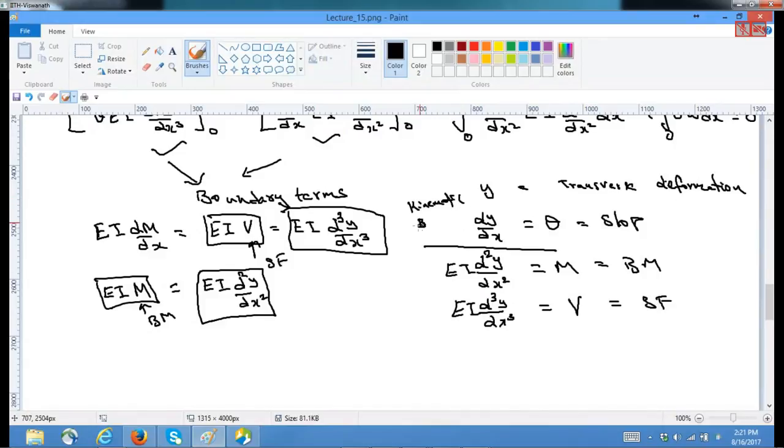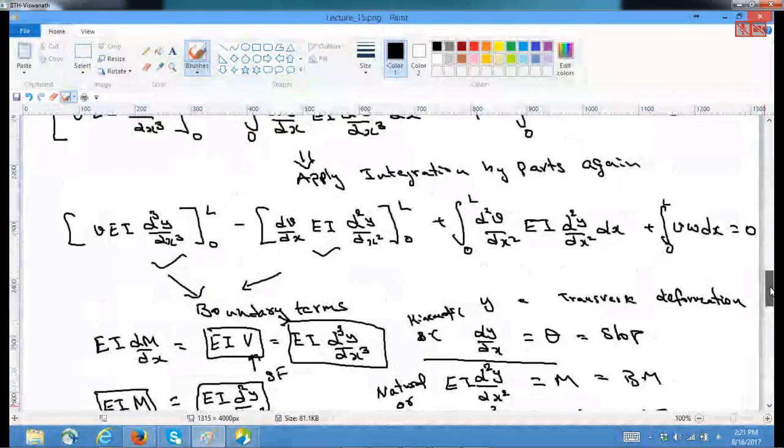If you mention M or V, it is called natural or force boundary conditions. Okay, further you need to understand that these boundary terms should vanish when your kinematic boundary conditions are mentioned.